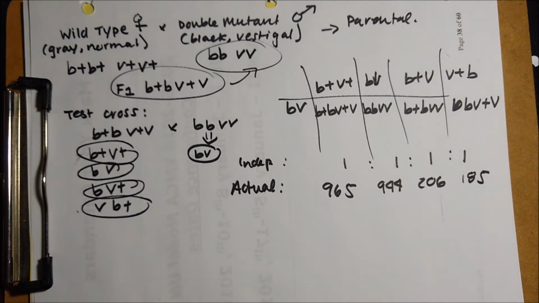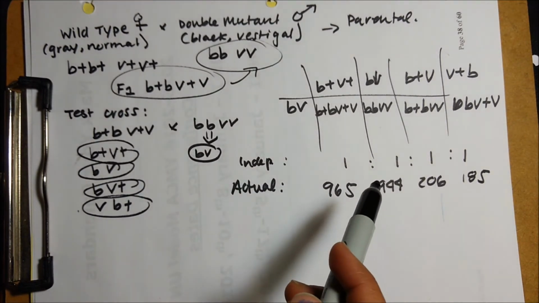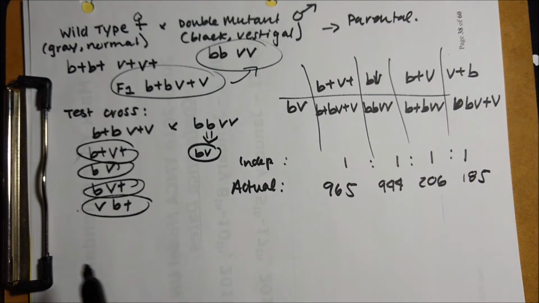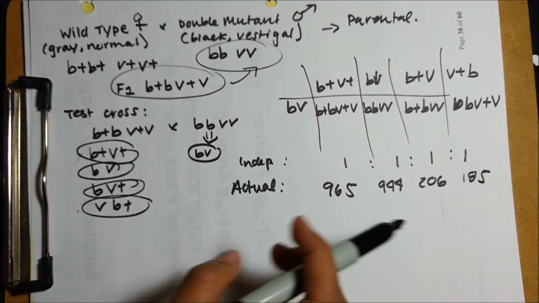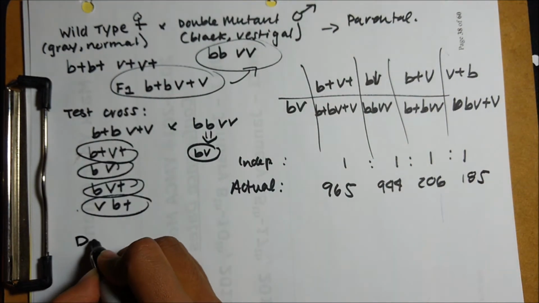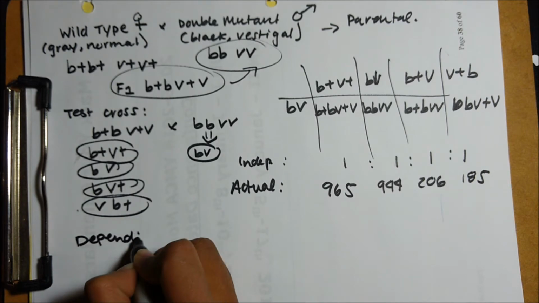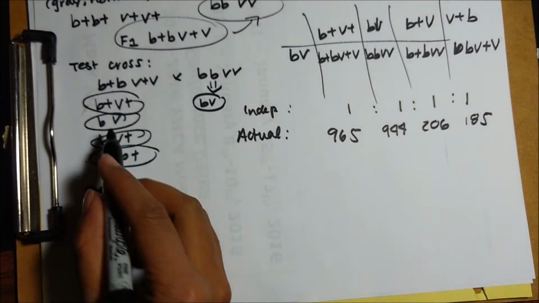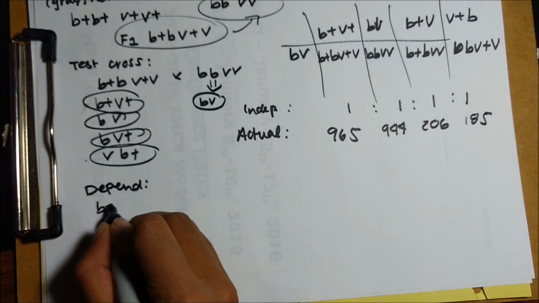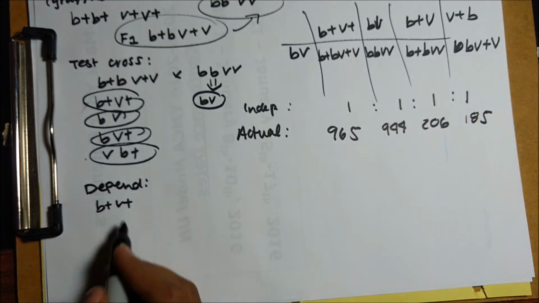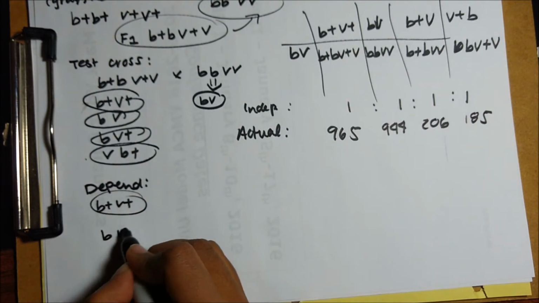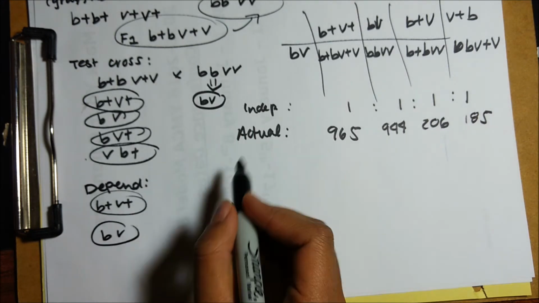But what could explain this? So how about we try using dependent assortment and see what our ratio would be. Using dependent assortment, we would have only two choices here, B plus V plus and BV. And we would have only one choice again for here.